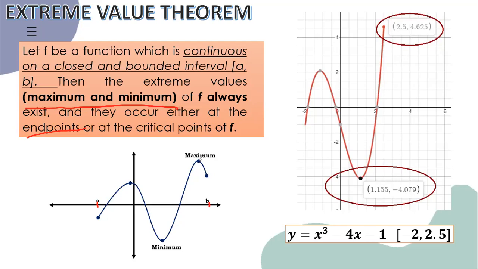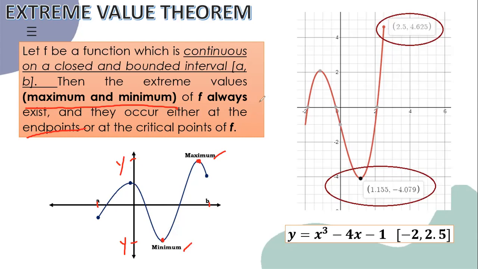Okay, so ang pinakamataas na point sa ating graph, okay, is at this point. So that is the maximum point. Okay? Ang pinakamababa naman, okay, that is the y value. Okay, sa y value siya nagbe-base. Okay, that is the minimum.